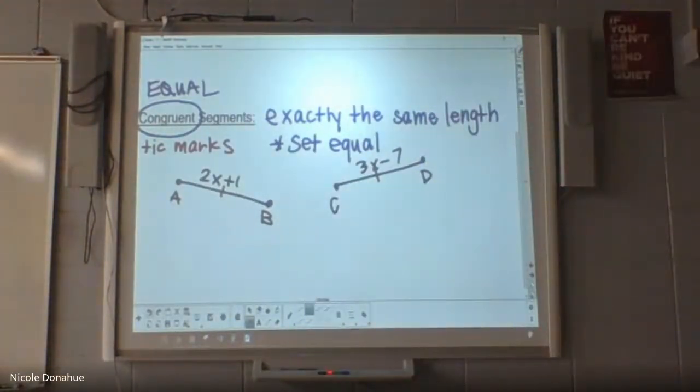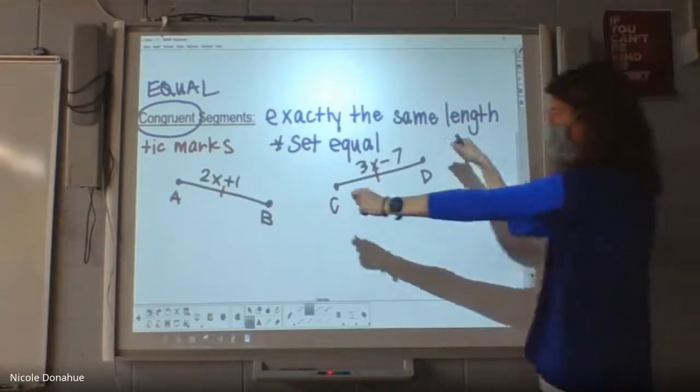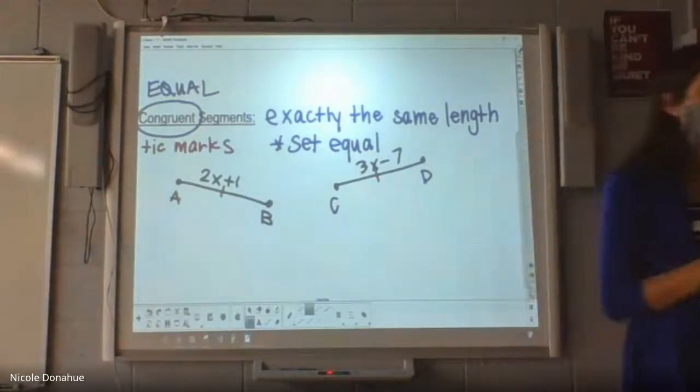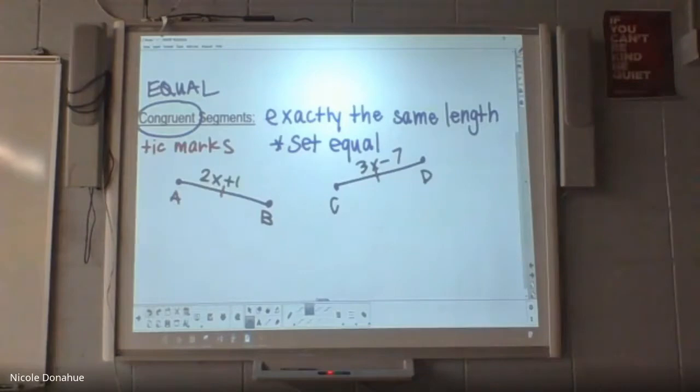So we can assume then that AB and CD are the same length. If they don't tell us that, we can't assume anything in geometry. You can't say, well, that looks close enough. You don't want to grab your trusty ruler and measure, because the book isn't asking you to measure here. If they're marked equal, we can set those two equal to each other.